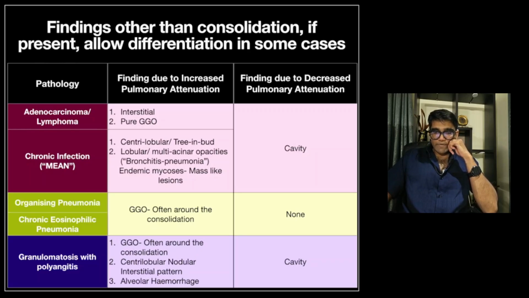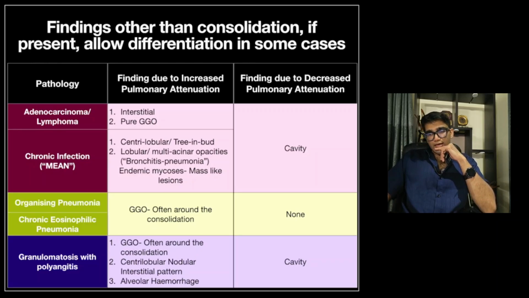Similarly, a chronic infection, as I've just discussed, might have features of other stages of the infection. So you may have a centrilobular nodular interstitial opacity, you may have tree-in-bud, you may have multi-acinar opacities, and you may just have a full-fledged consolidation. And endemic mycosis, owing to the relatively slow growth rate of the fungi, may actually have mass-like lesions.